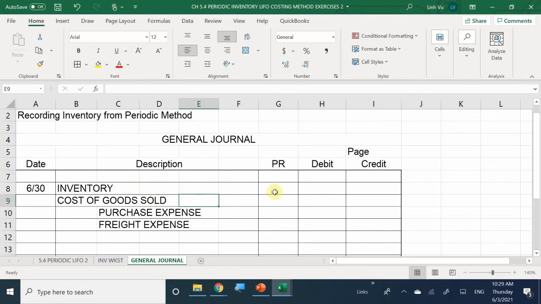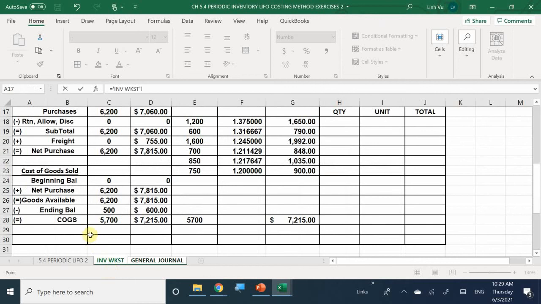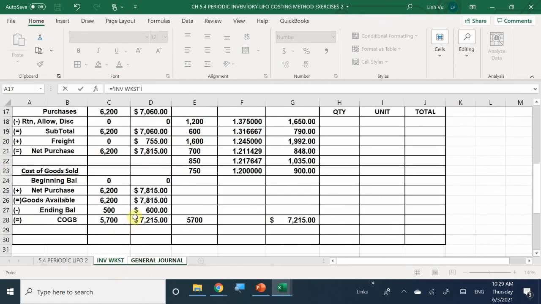So let's go to the very first one. What was the total value of my ending inventory? $600. What was the total cost of my goods sold? Is that the 7,815? 7,800. No, that's my goods available.